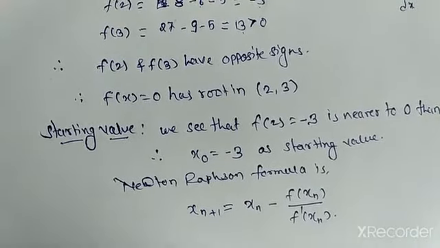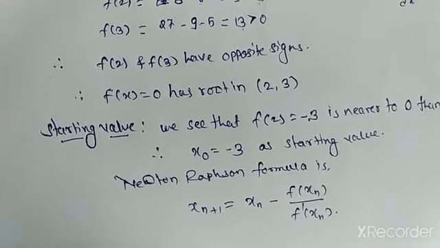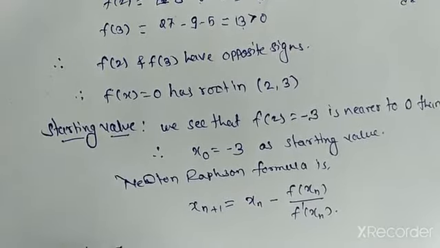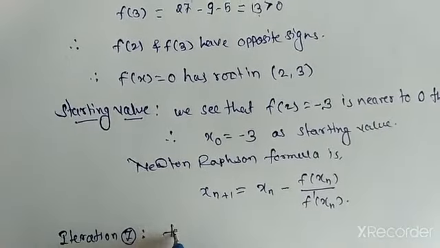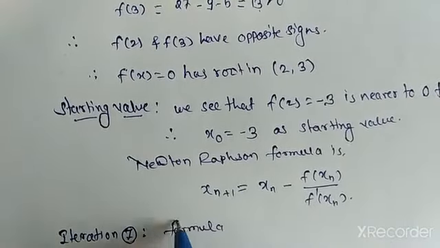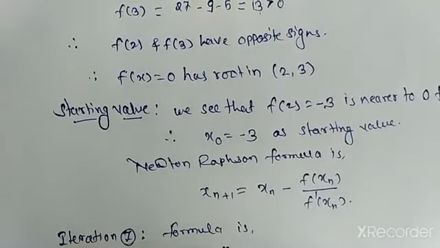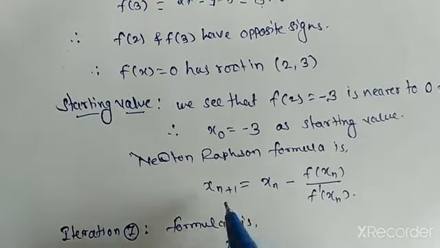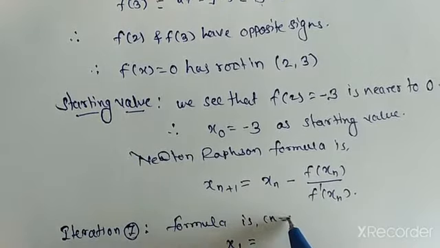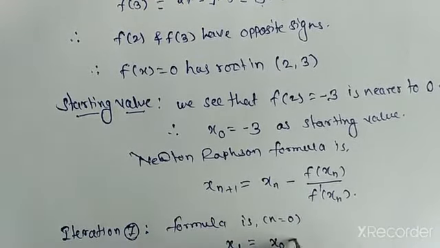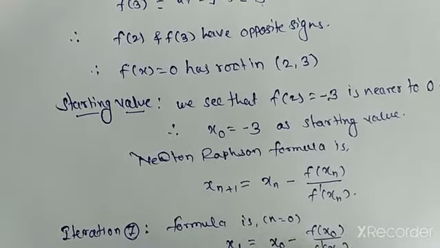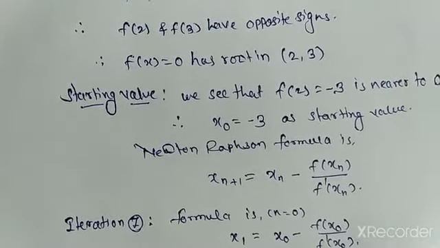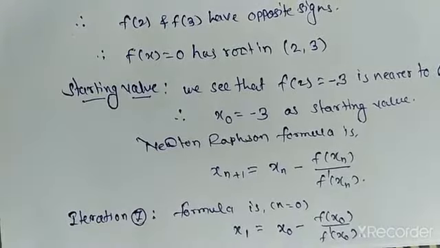Therefore, for the first iteration the formula is x1 is equal to, because we put n is equal to 0, x1 is equal to x naught minus f of x naught upon f dash of x naught. So this is the formula for the first iteration.